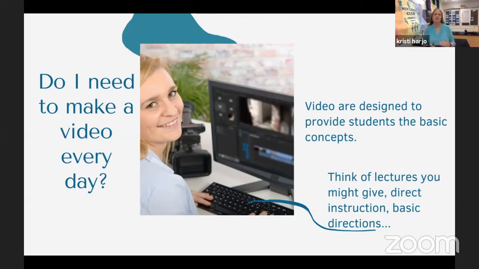So it's just the basic information. Think of the lecture that you would give, or maybe if you're doing a science experiment, giving directions before a lab, right? The basic directions. Those are the things that you might want to turn into a flipped lesson and create a video for. So no, you're not going to create a video every single day.